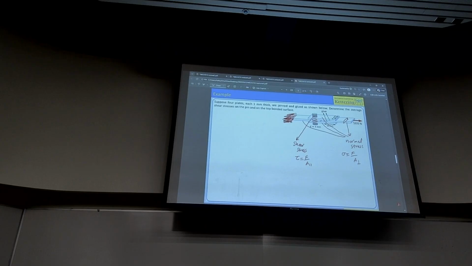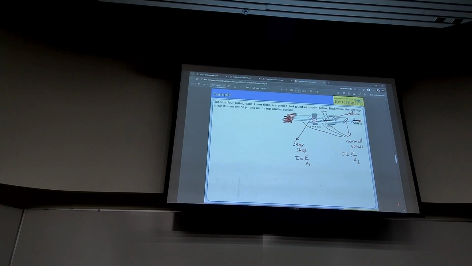All right, so not only on the pin does shear stress occur, but also on this surface, or even the lower one, that groove. Basically, on joints, shear stress is one of the dominant stresses.